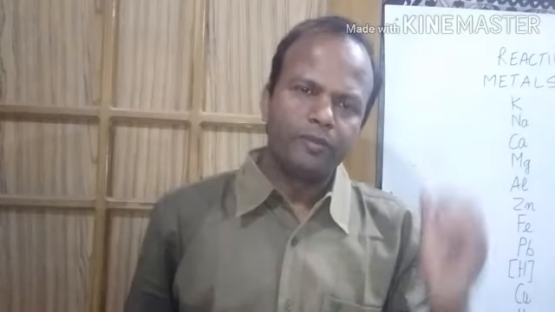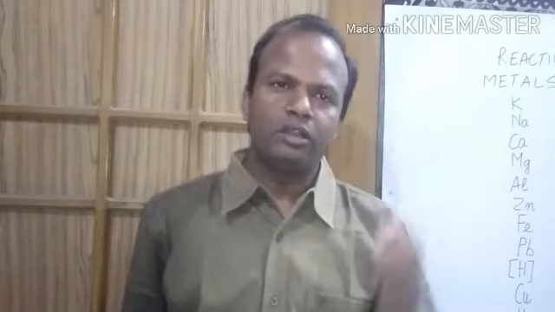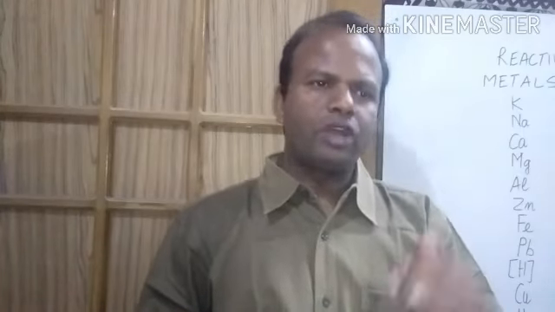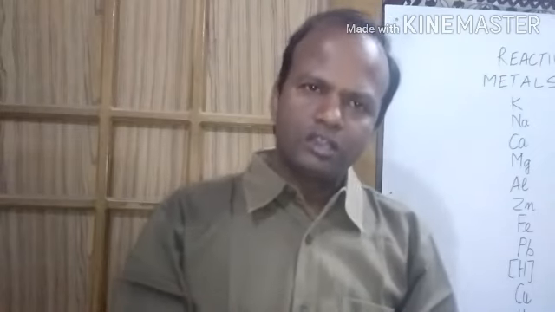And in non-metals, fluorine is at the top, the most electronegative or the most reactive non-metal, then chlorine, bromine, iodine. This way it goes. Now what is the concept? In both metals and non-metals, the one which is placed above, at a higher level, replaces or displaces the one which is at a lower level from its salt solution or aqueous solution.